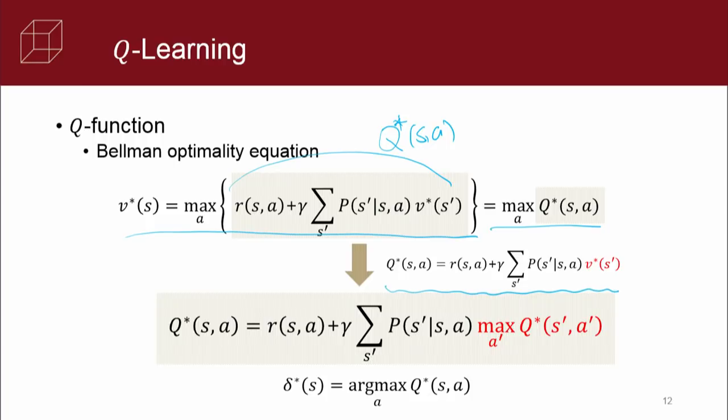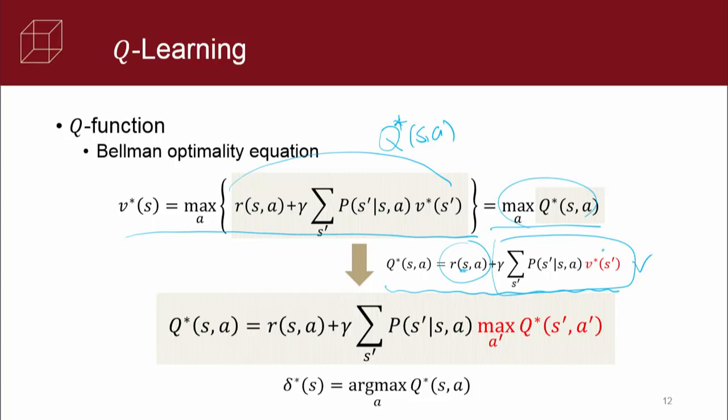So Q star of S, A is equal to the immediate reward of taking action A for the given state S, plus the maximum total discounted remaining rewards. We can write this, and the optimal value is the same as the maximum of this one.